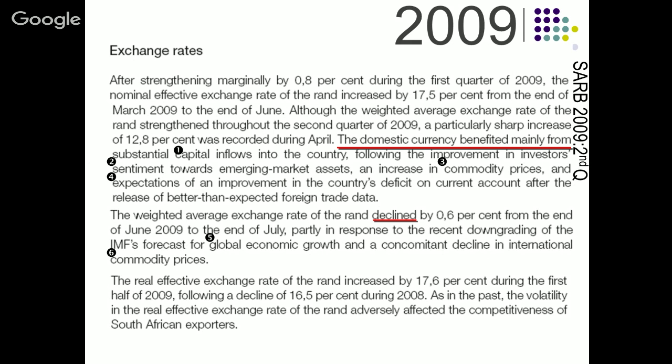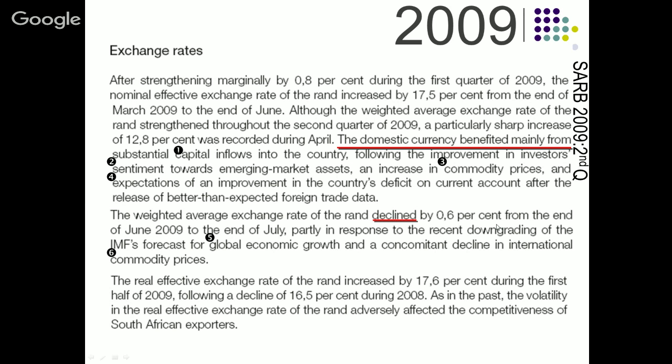All right. Then the weighted average exchange rate of the rand. What is that? What's another word for weighted exchange rate of the rand? The nominal effective exchange rate. See, you've learned something. Of the rand declined by 6%.